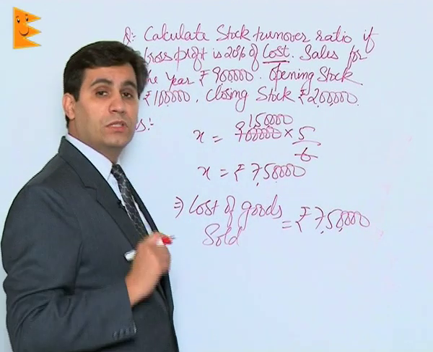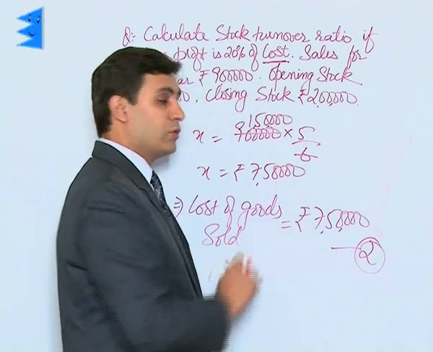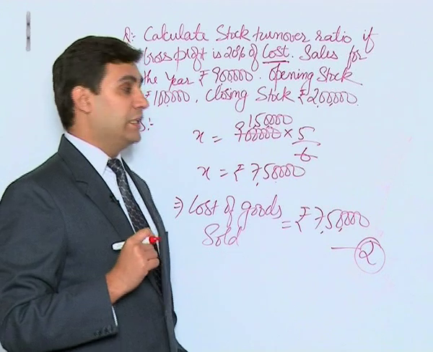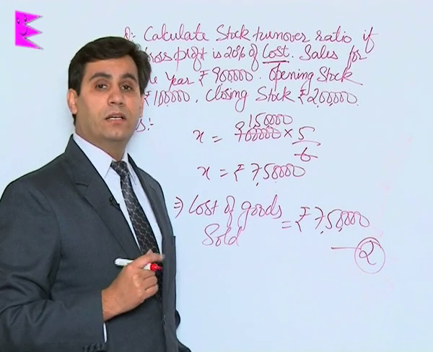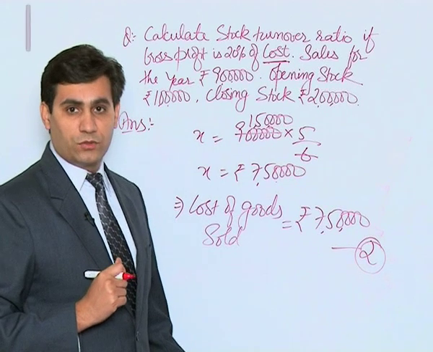Now students, we have both the values. By equation number 2, we can see that the cost of goods sold is 7 lakh 50,000 and the average stock that we had calculated earlier in equation number 1 was 1 lakh 50,000.